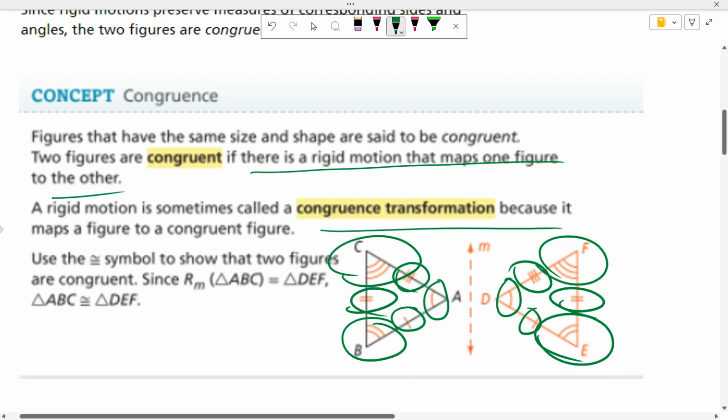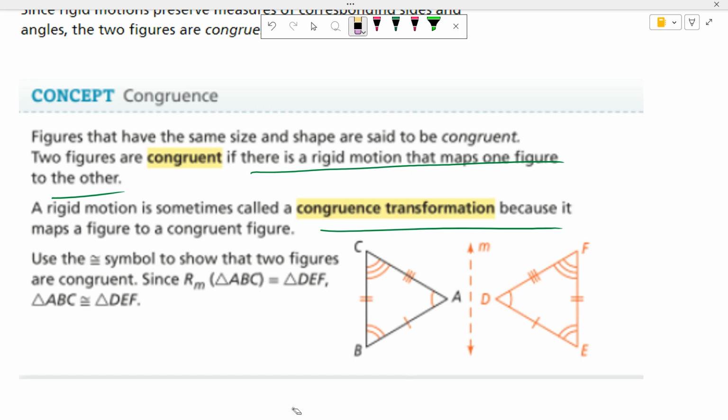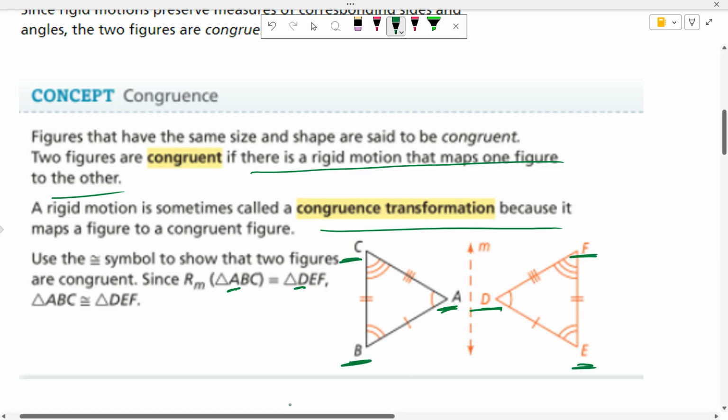Now, what's important here is the order of the letters. A is congruent to D, so A and D have to be in the same order with B and E and C and F. So A goes with D, B goes with E, C goes with F in that order. You cannot switch up the order.